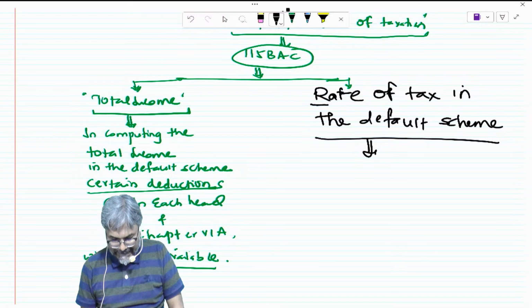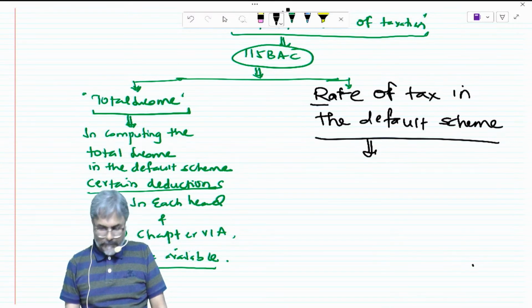Before that, can I dictate the note? Students, have you all written this?